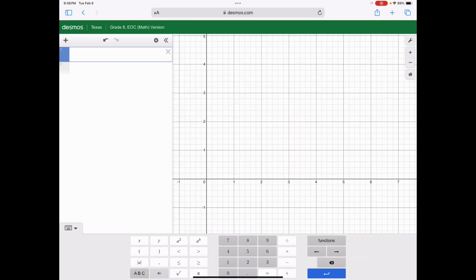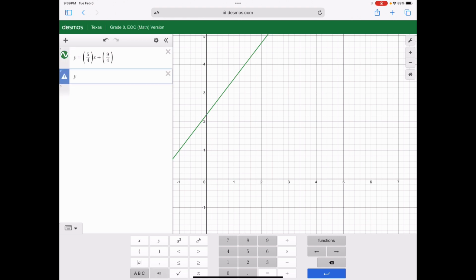Okay. Alright, so the first equation, y equals 5 divided by 4 x plus 9 over 4. Oops.